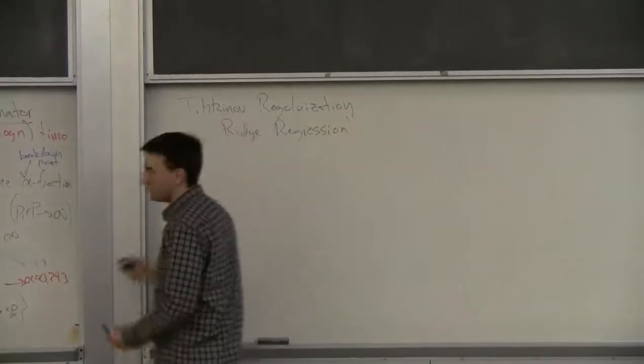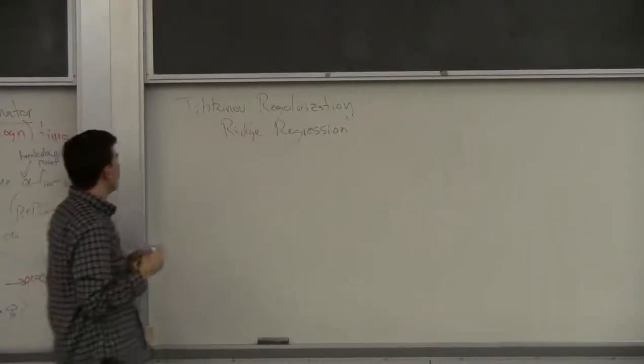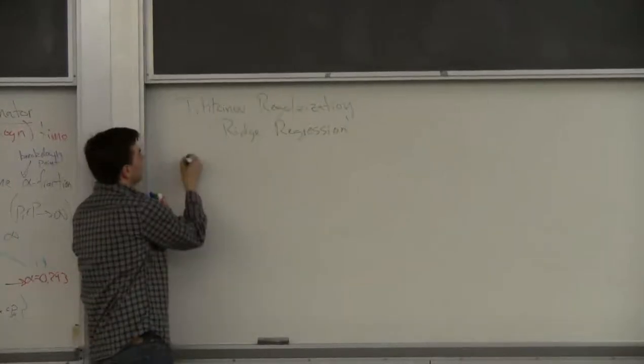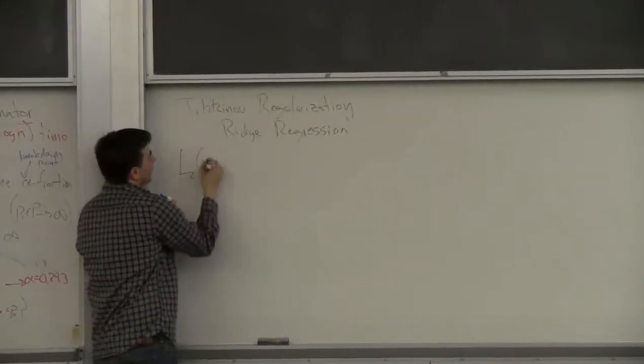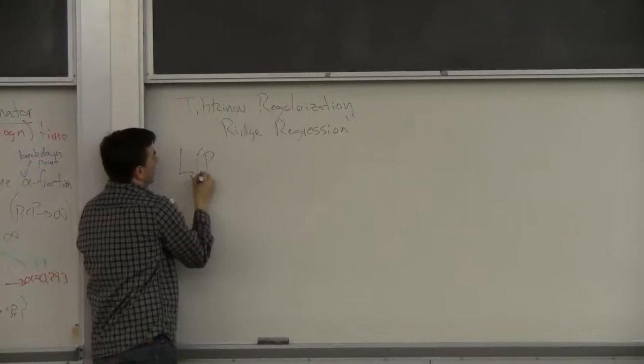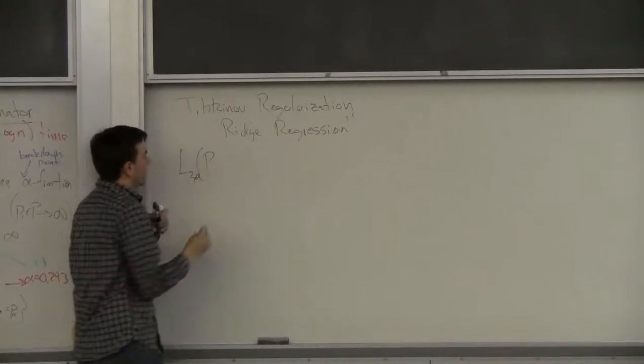And so this is a very different approach to dealing with outliers. So instead of minimizing just the L2 distance, I'm going to minimize L2, I'm going to call this alpha.